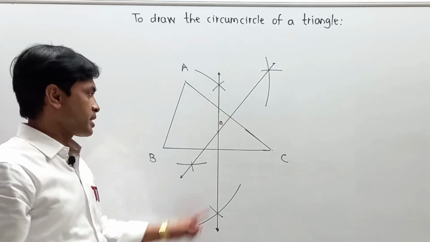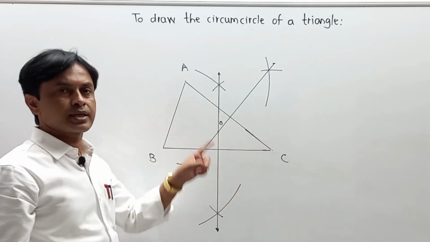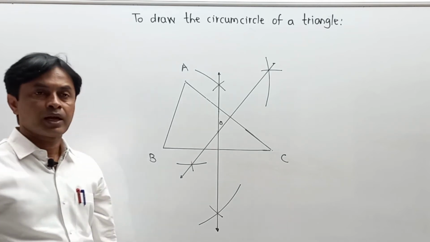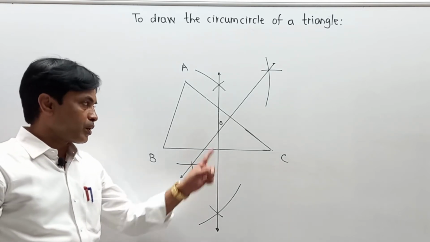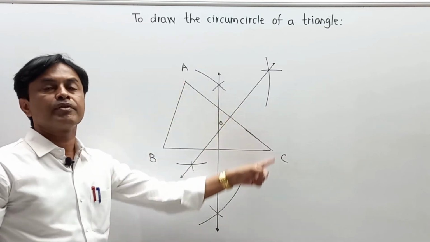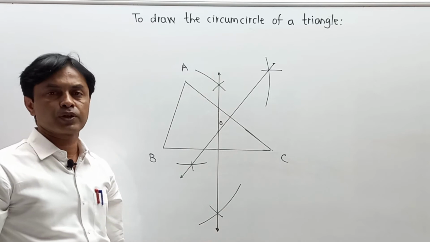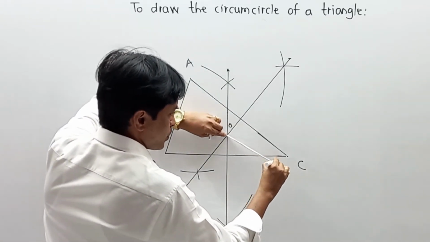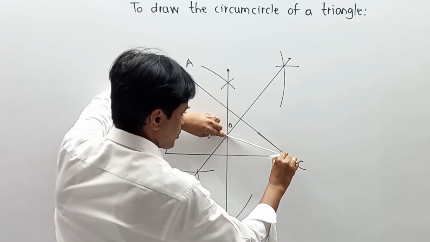Take it as a radius, and with the help of that we have to draw the circle. So please pay attention. You take a distance either OC or OB or OA, and we are going to draw the circumcircle for this triangle. Now taking the radius from point O up to C.